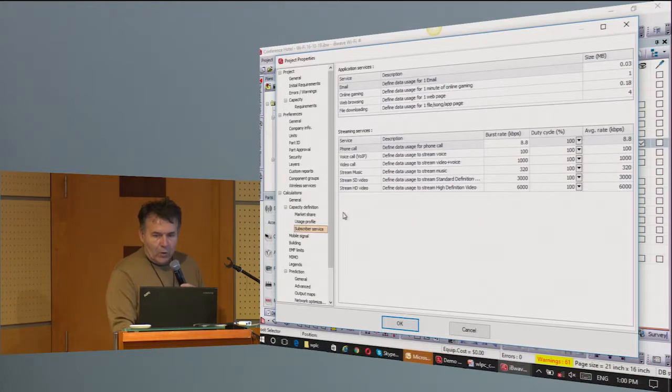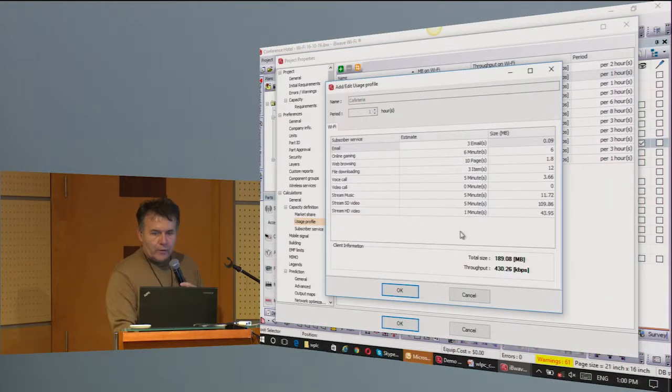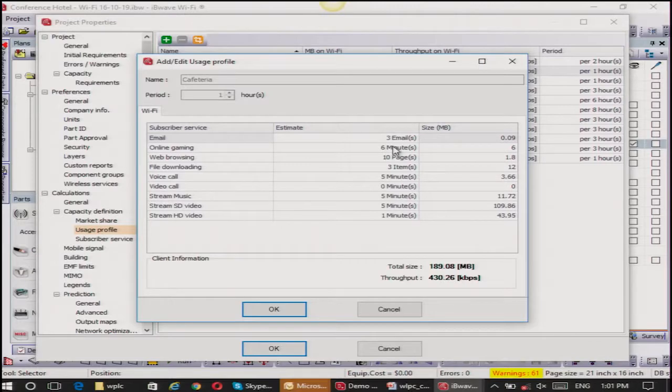So when you do all those things, when you click on all those different values, there you can basically say, okay, in cafeteria, I have downloaded 3 emails, and therefore my size for email files was 90 kilobytes.